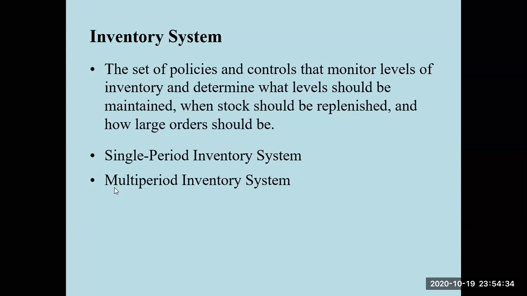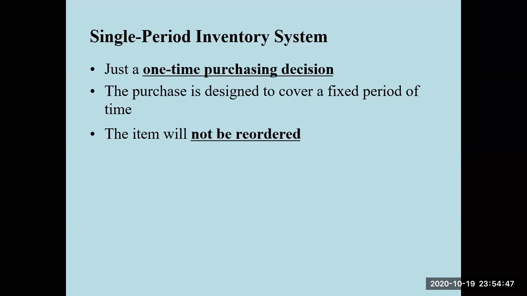So there are two types of inventory system: single period inventory system and multi-period inventory system. Single period inventory system: a one-time purchasing decision. To place an order, decide the order size, place that order, then forget it. The next time, decide again and forget it, and again decide again, and so on.